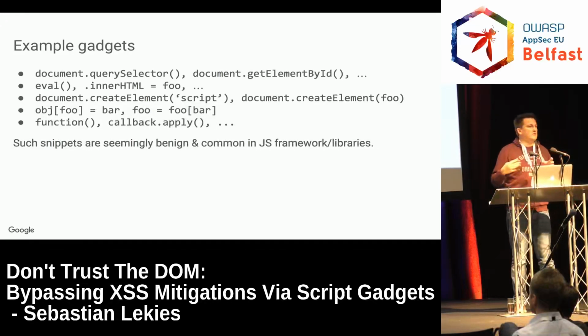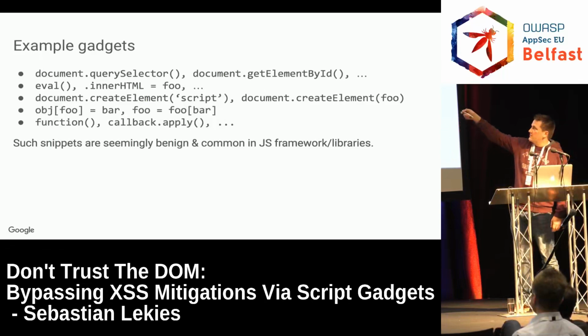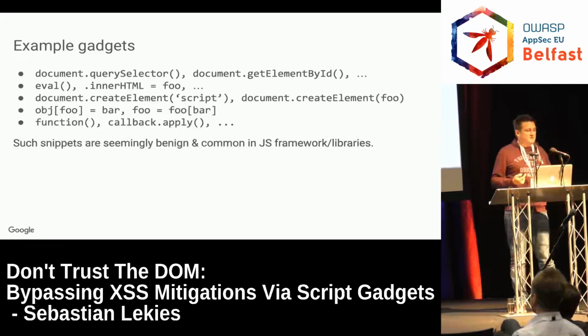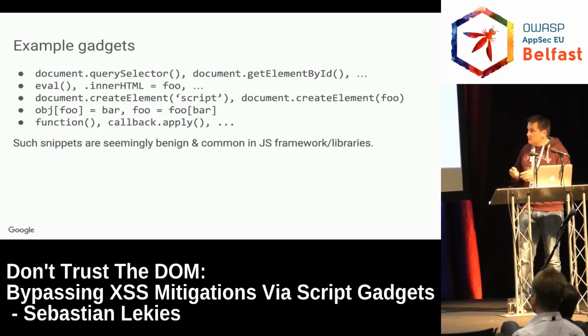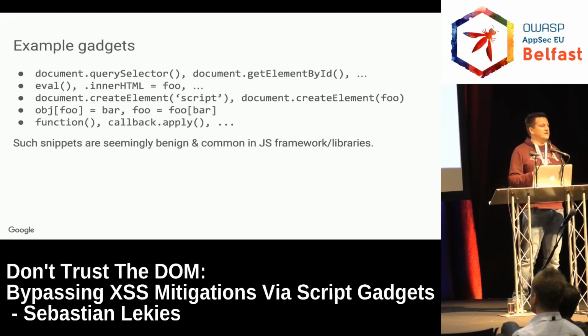So these are the classical DOM XSS things that you might know when testing for DOM XSS. But we also saw that a lot of frameworks, for example, create script elements based on some user content. And also, interestingly, we saw that there's a lot of JavaScript stuff going on. So a lot of, for example, properties are set on user-controlled data, or functions are called based on user-provided data.